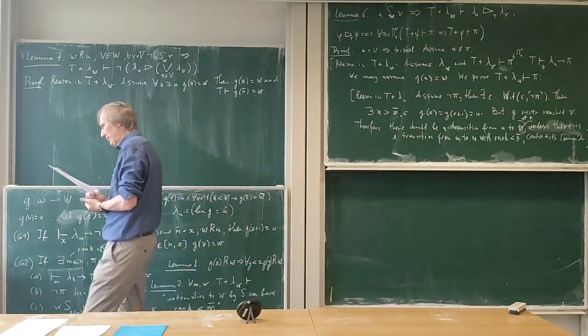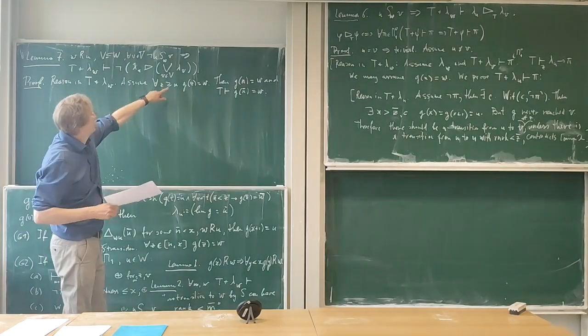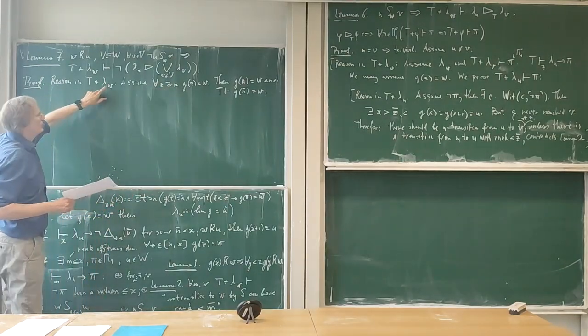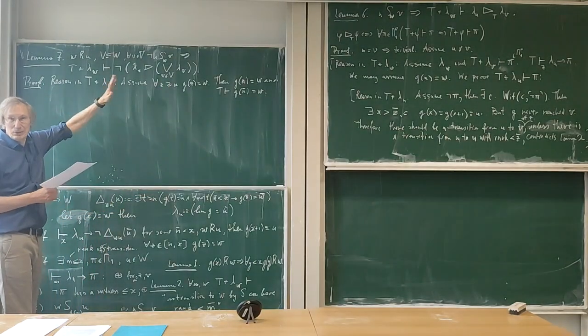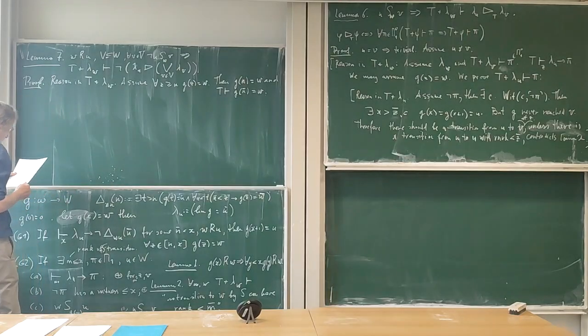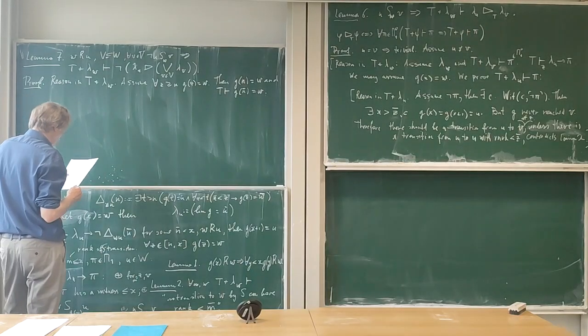So T can prove this. So n is, of course, this number after which it is in this limit. So we fixed this number n.